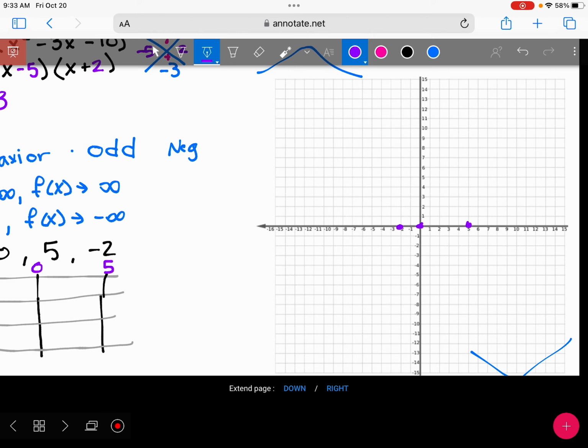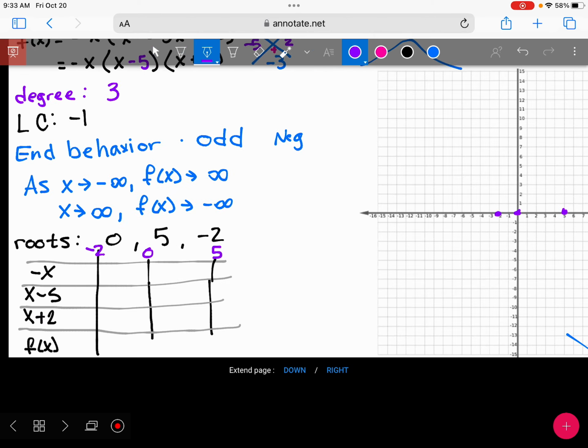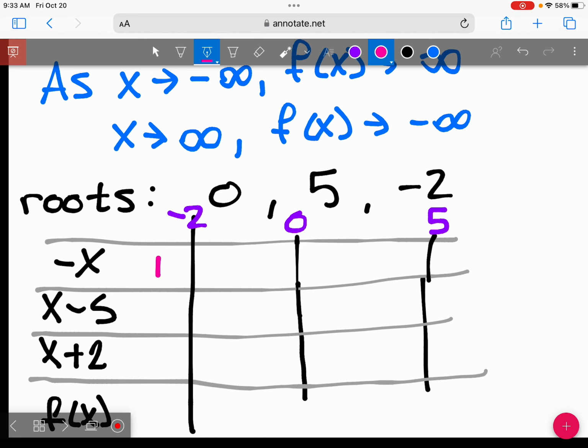So if x is less than negative 2, is the opposite of x going to be positive or negative? Positive. If it's between negative 2 and 0, is the opposite of x positive or negative? Positive. If it's between 0 and 5, is the opposite of x positive or negative? Bigger than 5? Negative.